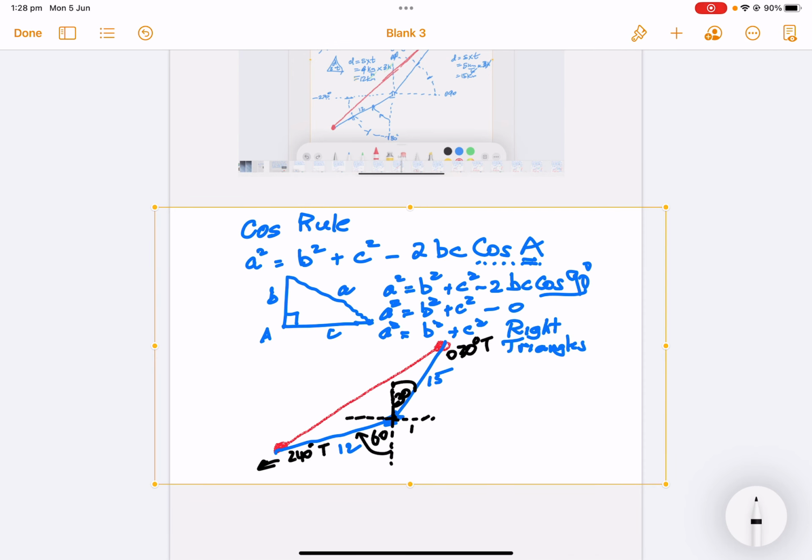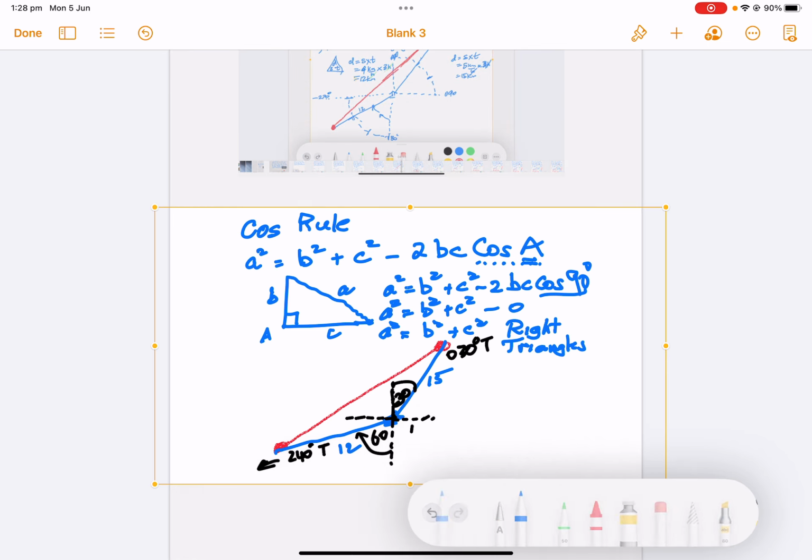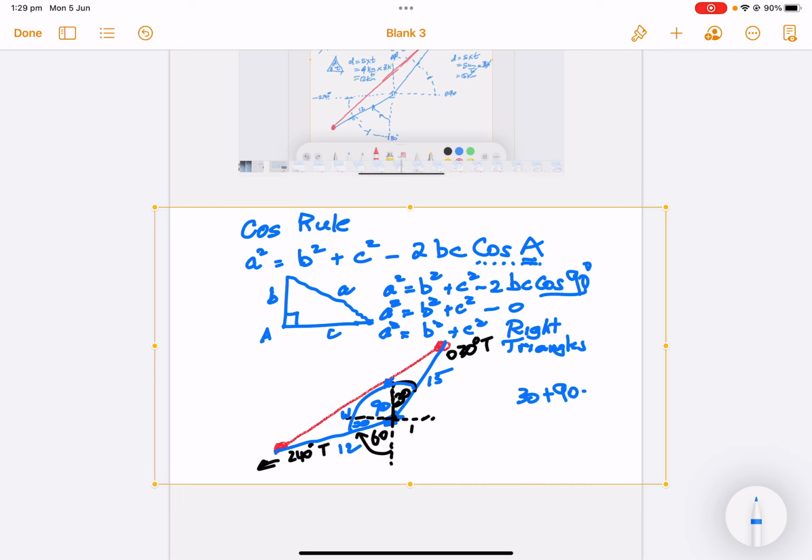If that's 30 degrees, and that was 90 between west and north, because that's north, that's west, there was 30 degrees in there, because that was 240 plus another 30. So this angle in here would be 30 plus 90 plus 30. Can you see that's an angle of 150 degrees?